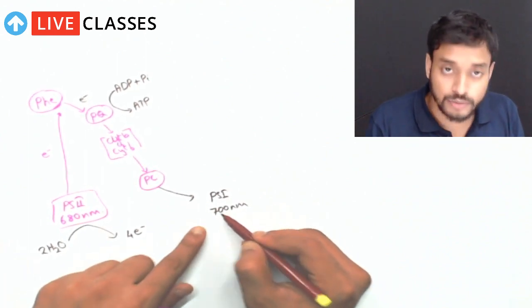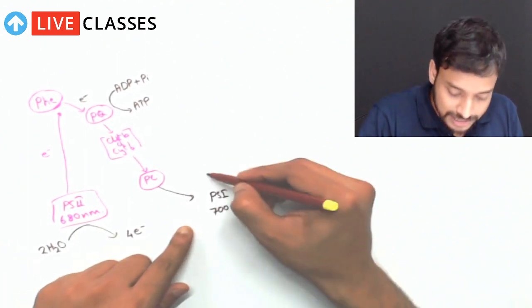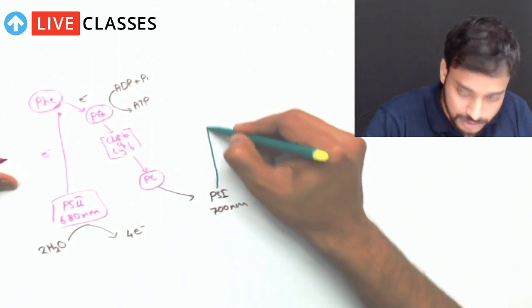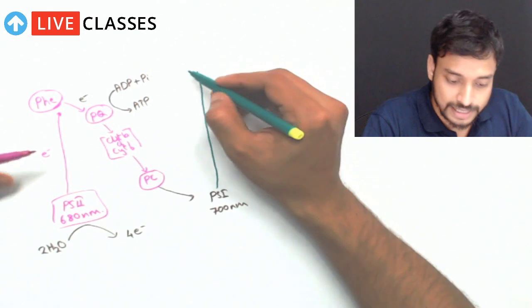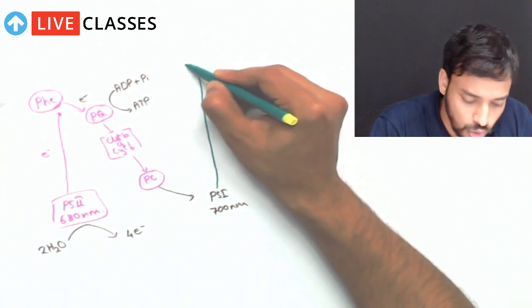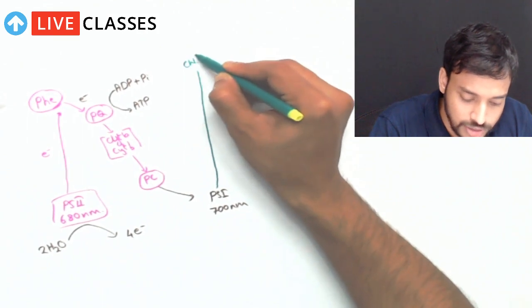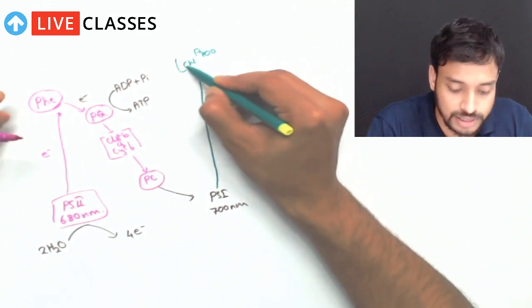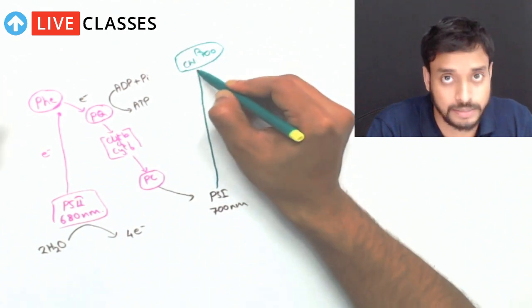Now when sunlight comes, it is again excited. So we can use a different color. It is excited here and transferred to a complex, mostly a type of chlorophyll, which absorbs P700, that is light of 700 wavelength. So this is also an electron acceptor.